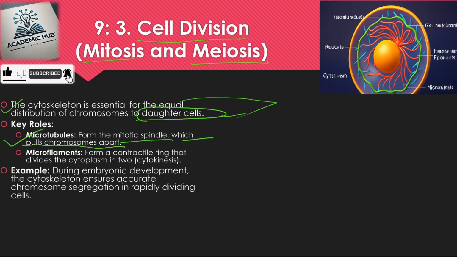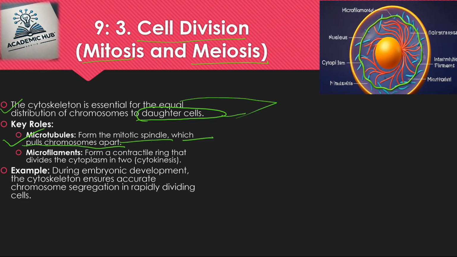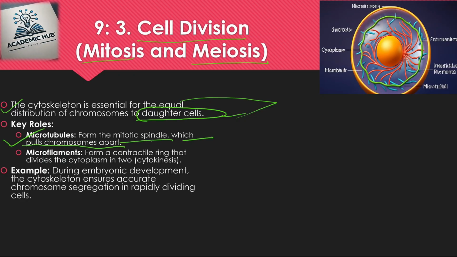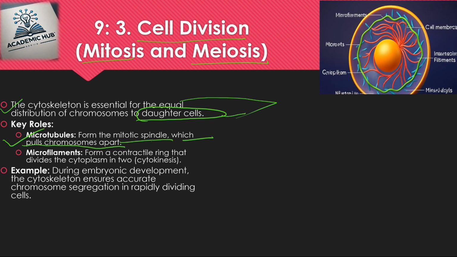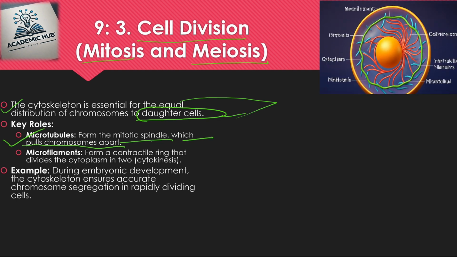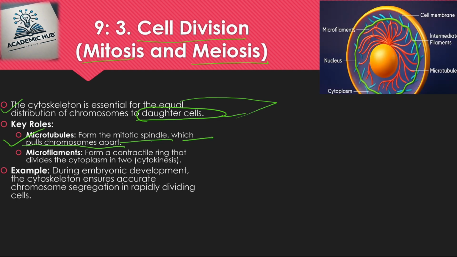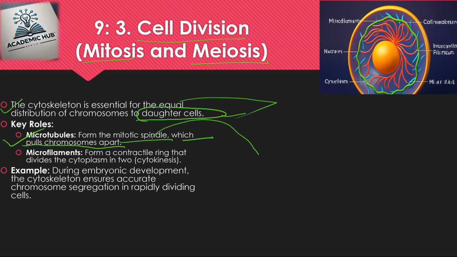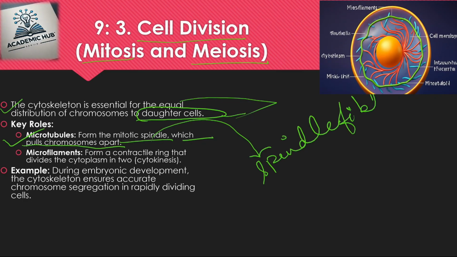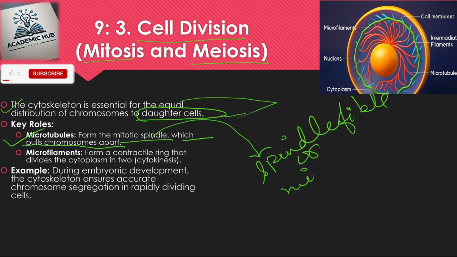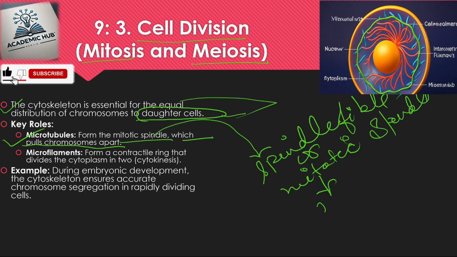At the end of the division, daughter cells are formed, and the distribution of chromosomes should be equal. That is only possible due to the spindle fibers formed by the microtubules.